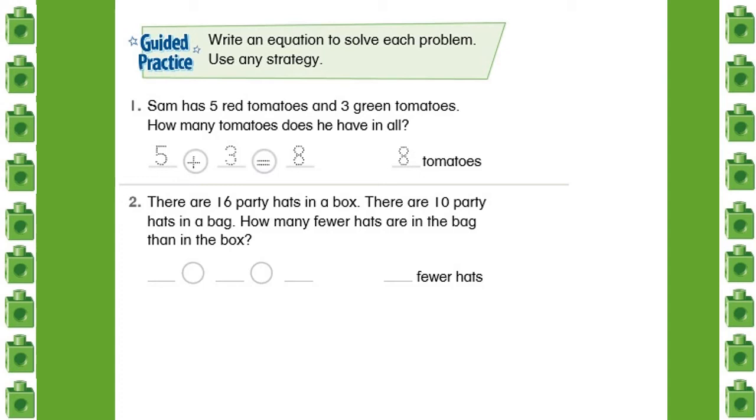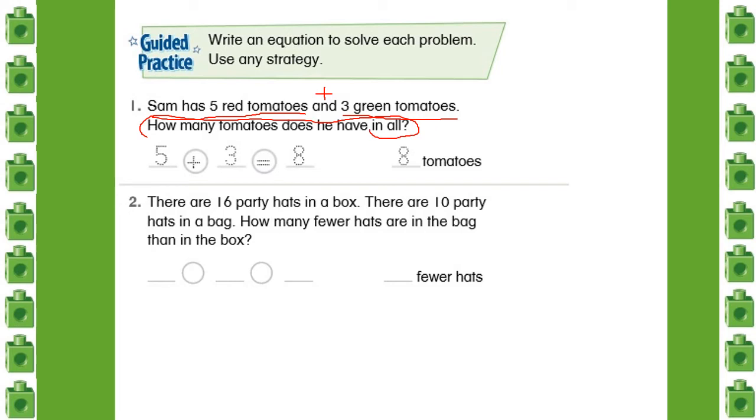Well, remember what I told you earlier. We're going to underline what we know. He has 5 red tomatoes and 3 green tomatoes. And usually when we see "and," we think of plus, usually. How many tomatoes does he have in all?